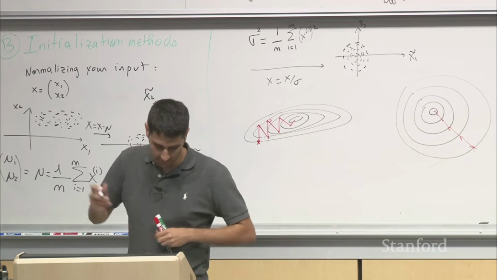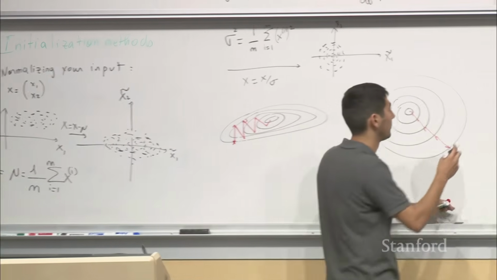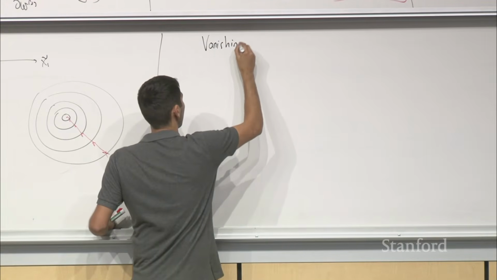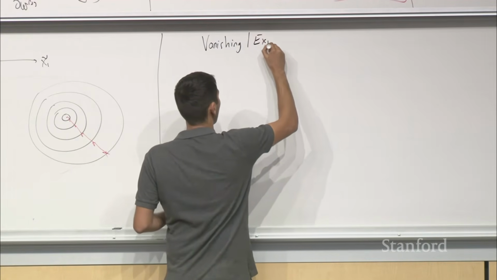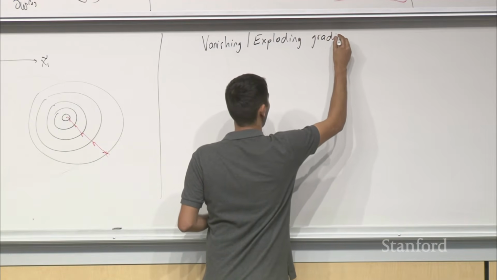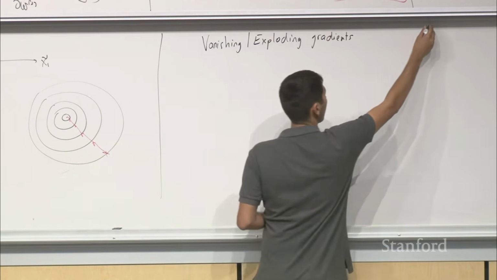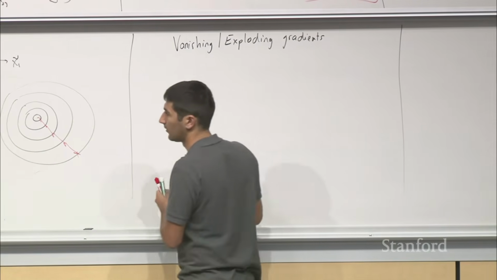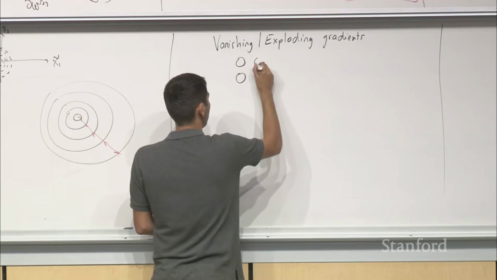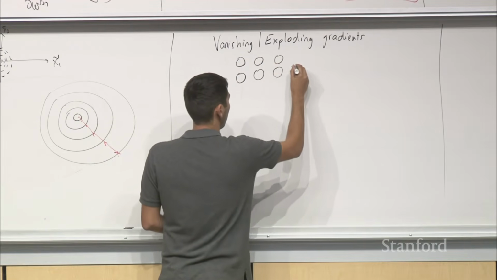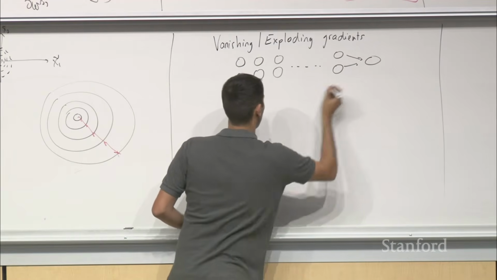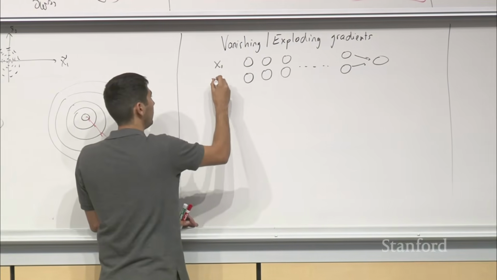So let's delve a little more into vanishing and exploding gradients. In order to get an intuition of why we have this vanishing or exploding gradient problem, we can consider a network which is very, very deep and has a two-dimensional input.